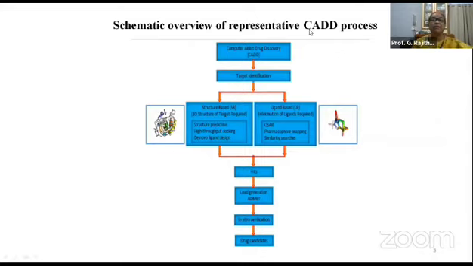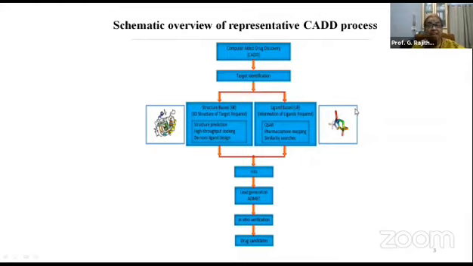So, computer aided drug discovery. For that, we need to identify the target. If we know the target structure, we will proceed by structure-based drug design. If we do not know the target structure, meaning the 3D structure, then we will proceed by ligand-based drug design.